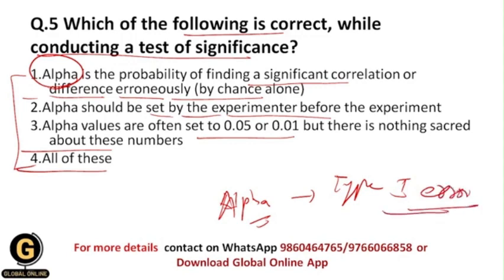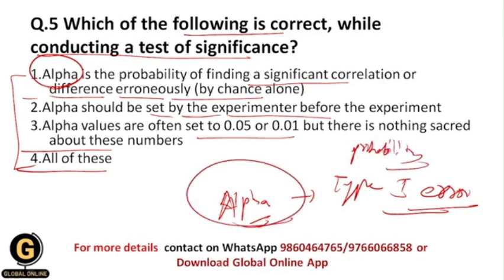So the probability of occurring type 1 error is called alpha, and that's why ultimately alpha is the probability of finding a significant correlation or difference erroneously. All of you getting? Because this is the probability of occurring a type 1 error, ultimately this is the probability of finding a significant correlation between the variables or difference between the variables, but by chance alone.